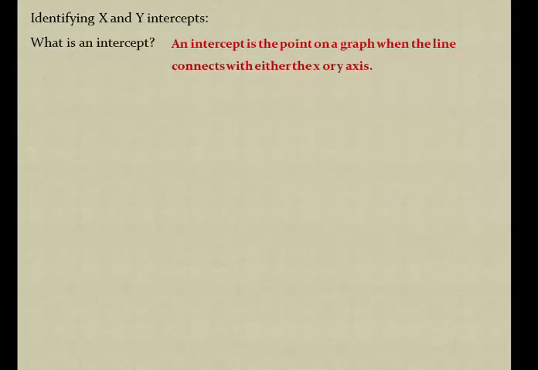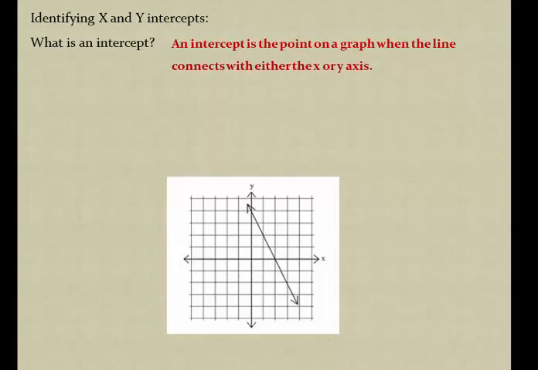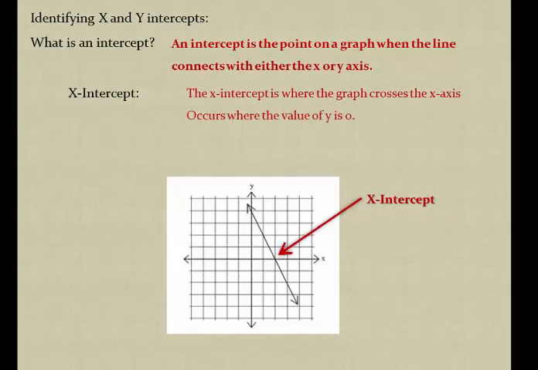Identifying x and y intercepts. An intercept is the point on a graph where the line crosses either the x or the y axis. Now, I identified a y-intercept in slope-intercept form, but we can identify intercepts in other ways as well. From a graph, we have the x-intercept, and this occurs where the graph crosses the x-axis and the value of y will be 0.